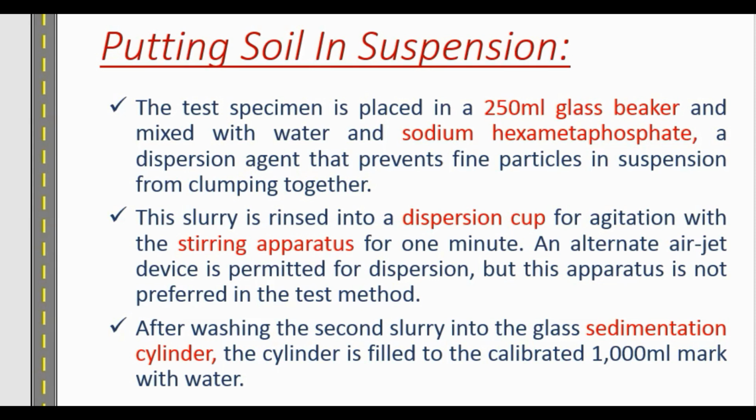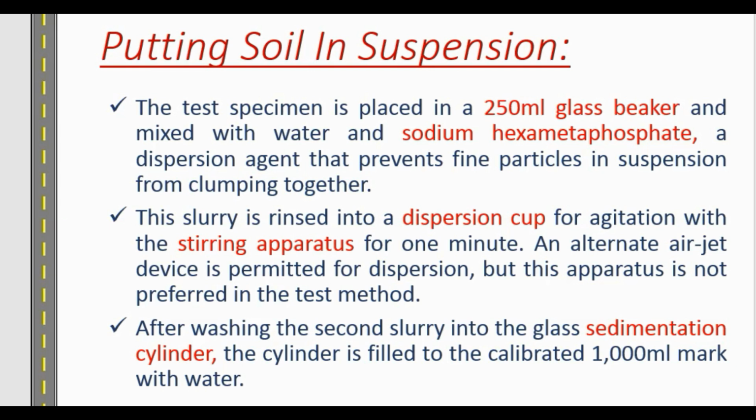Putting soil in suspension, or preparing our soil specimen. First of all, the test specimen is placed in a 250 ml glass beaker and mixed with water and sodium hexametaphosphate as a dispersing agent, as we discussed earlier, 5 grams per liter. The slurry is rinsed into a dispersion cup for agitation with the stirring apparatus for 1 minute.